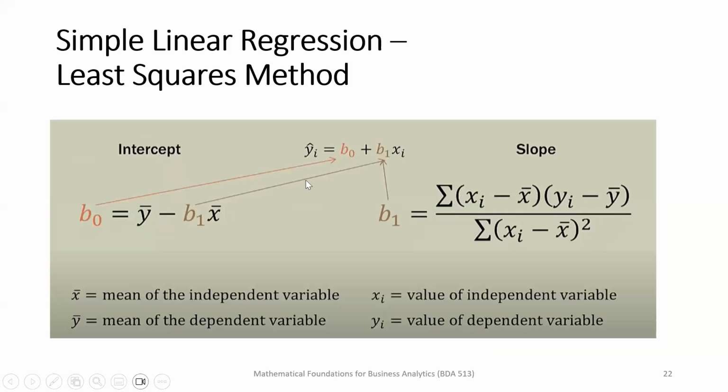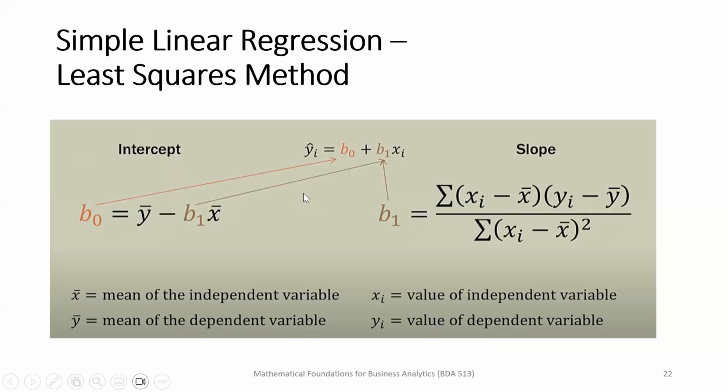So the intercept, that is the B0, is equal to the mean of Y, that is the mean of the dependent variable, minus B1, that is the coefficient, then multiplied by X bar, that is the mean of the independent variable.